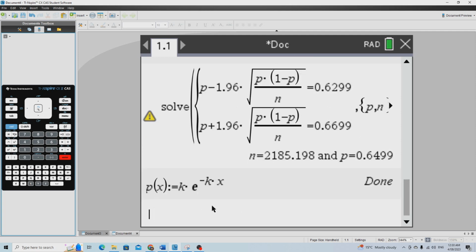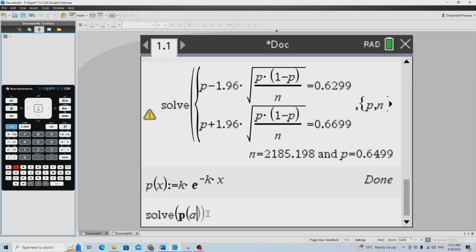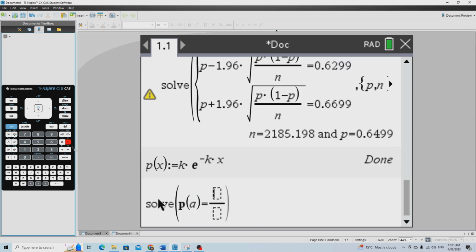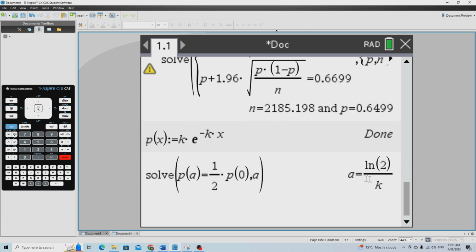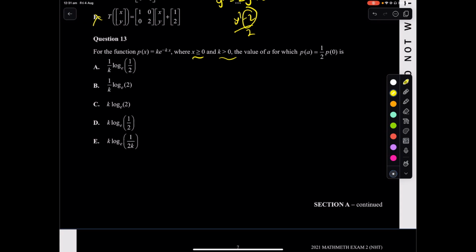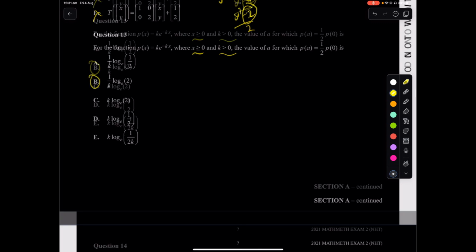Okay, we get this, and we want to solve p of a equals half p of 0, comma a. We just get this, and we want k to be greater than 0. So if k is greater than 0, that makes sense, so a is positive. Which one's that? So half natural log, so half log e 2. B is your answer.